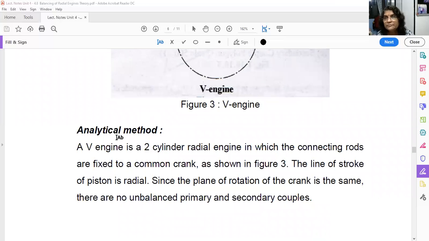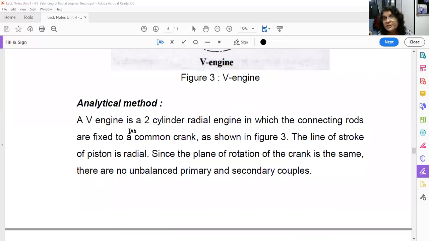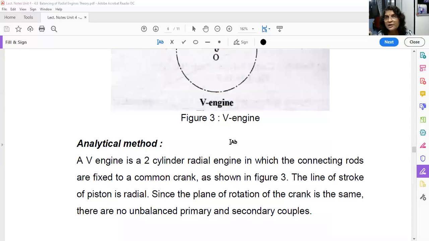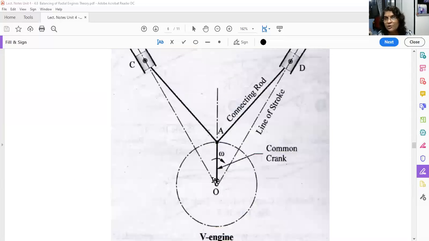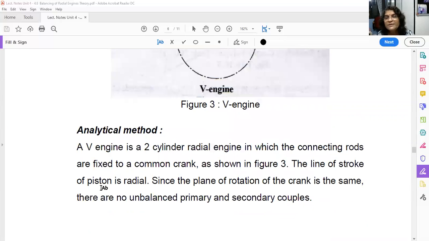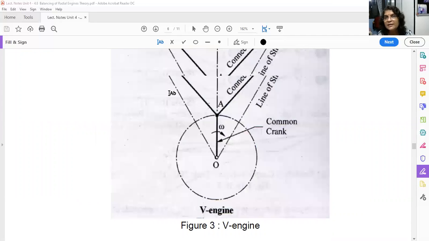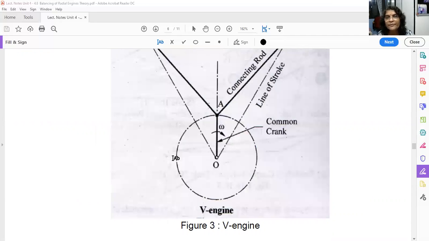So a V engine is a 2-cylinder radial engine in which the connecting rods are fixed to a common crank as shown in figure 3. So these are 2 connecting rods which are fixed to the common crank OA. The line of stroke of the piston is radial, that means along the radius of this circle.